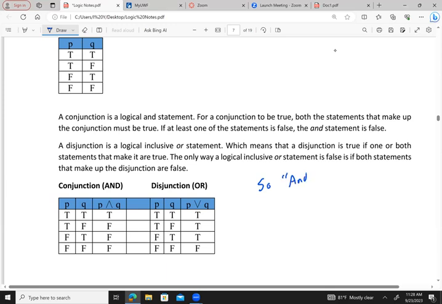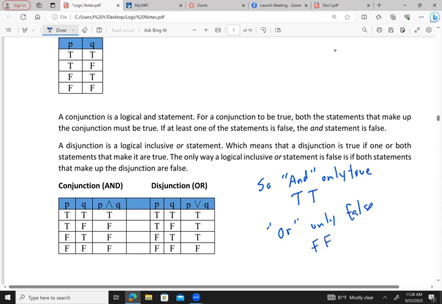So, an and statement is only true with true, true. An or statement is only false with false, false.